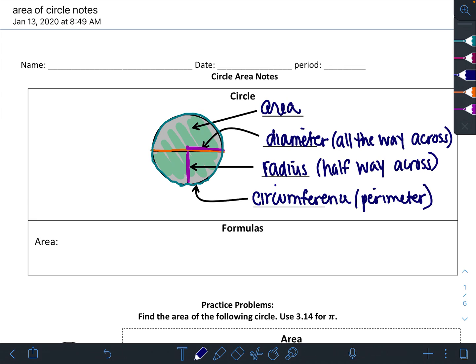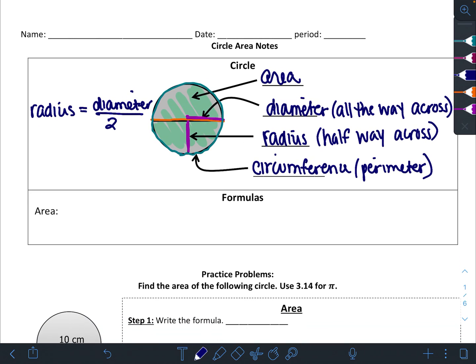Now, if I know the value of my diameter and I want to find my radius, which you will need to, for the formulas that we will be using from here on out, you will be using the radius, but they like to give you the diameter sometimes. So to find the radius, if you're given the diameter, you just take your diameter and divide by 2, and it will give you your radius.